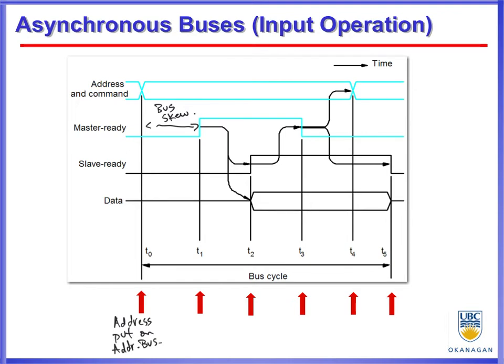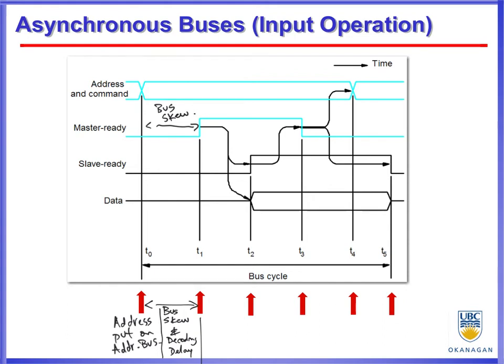Also, you want to wait for decoding to happen. So this has to take into account bus skew and decoding delay. You want to give the devices enough time to actually get the full address information and decode it. And then the master asserts its master ready.